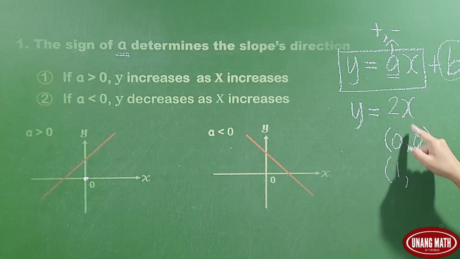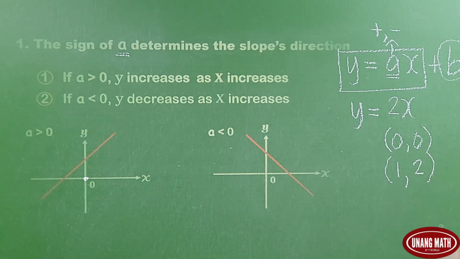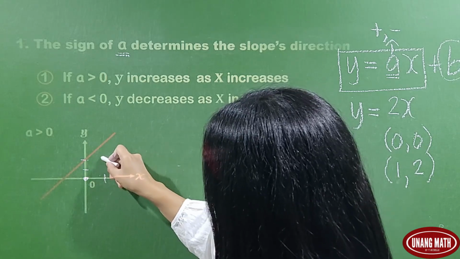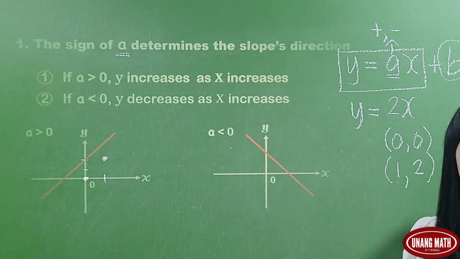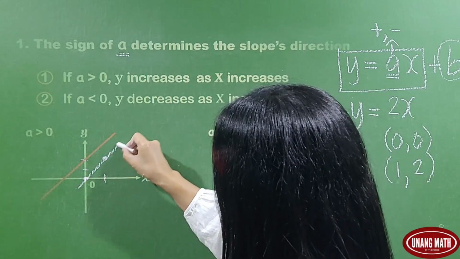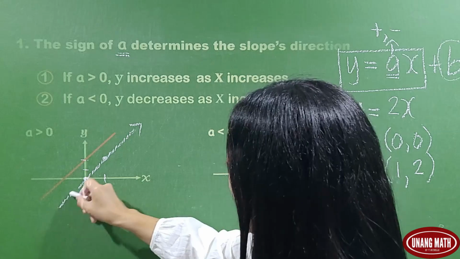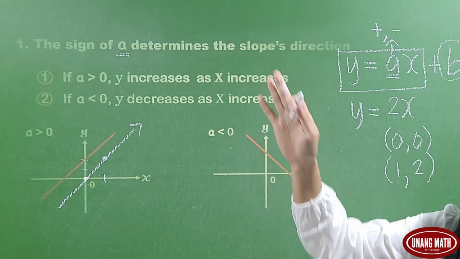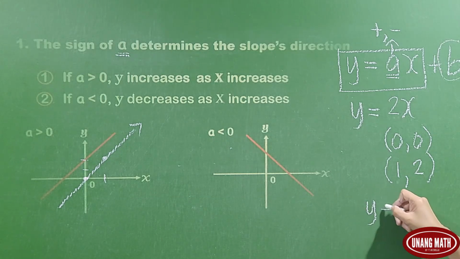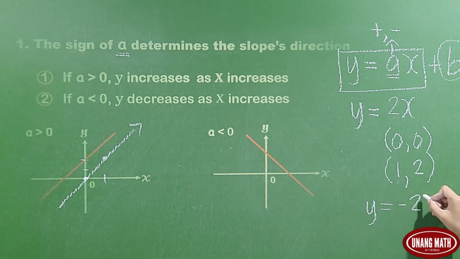So it means 2 times 1, then y coordinate is 2. So our next point would be 1, 2. So this point. And if we are going to connect these 2 points, then the graph looks like this. It slopes upward.